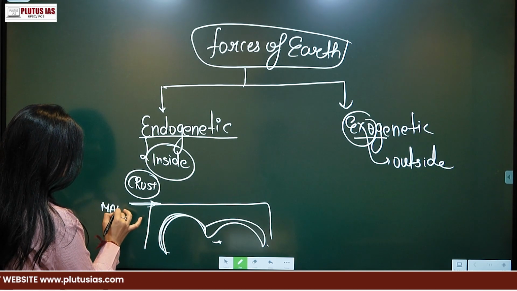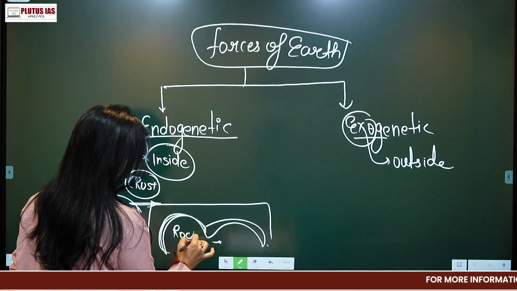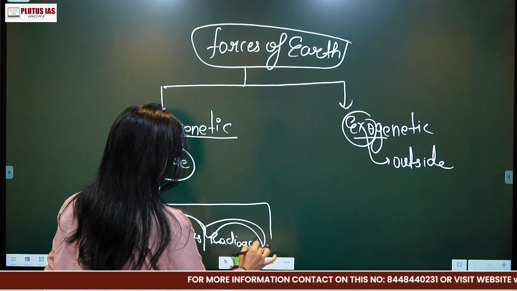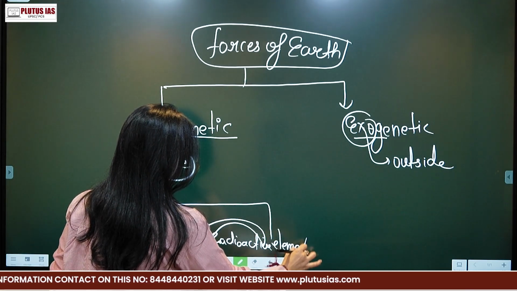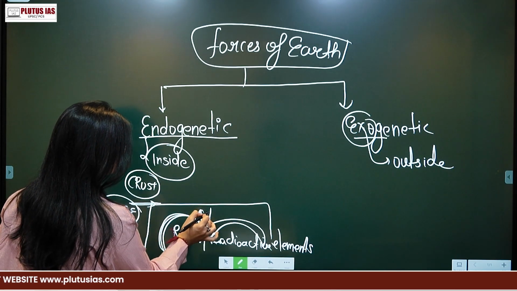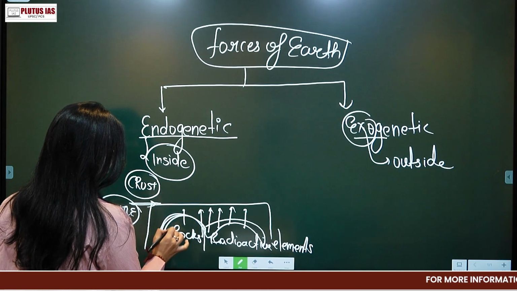Mantle. The next layer of the earth is mantle, in which a lot of rock particles, or I can say radioactive elements, because of the high heat and pressure, will get heated up. And when they get heated up, they rise up above and create a kind of pressure.